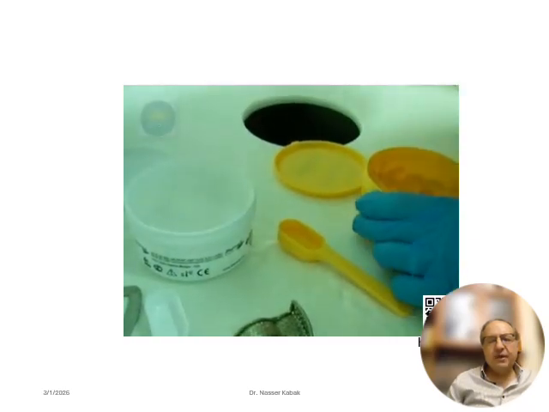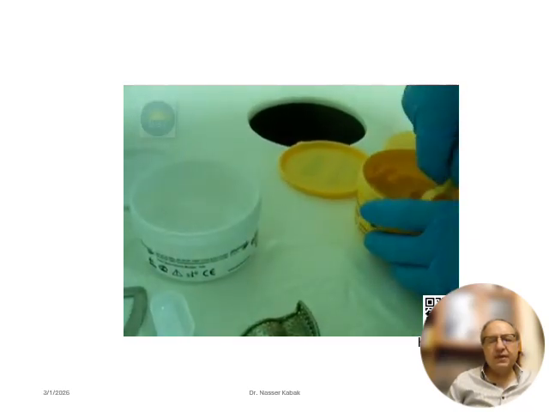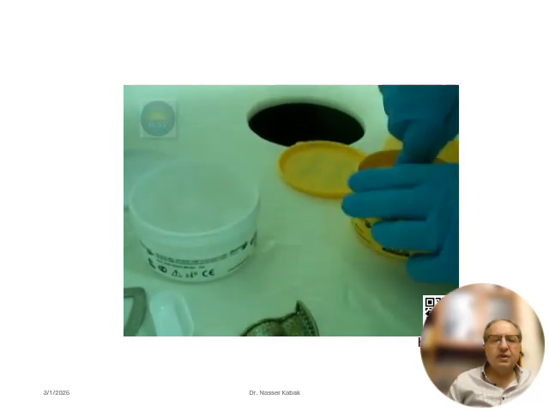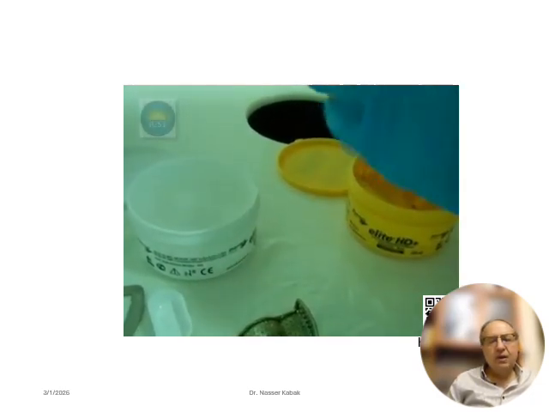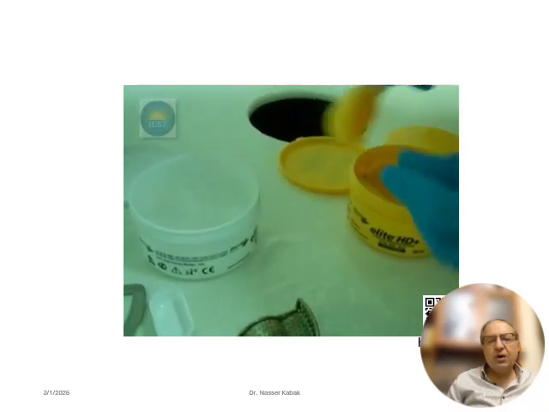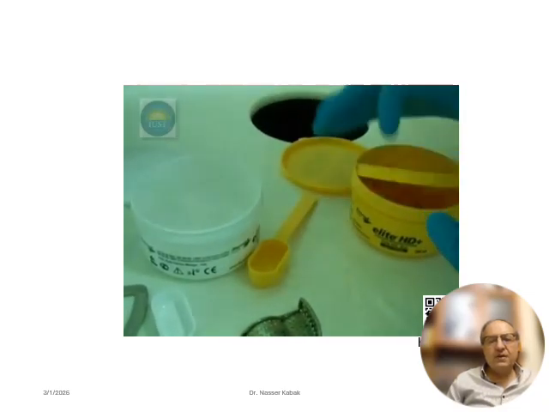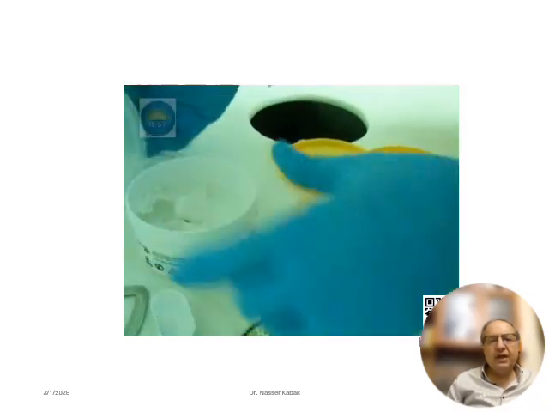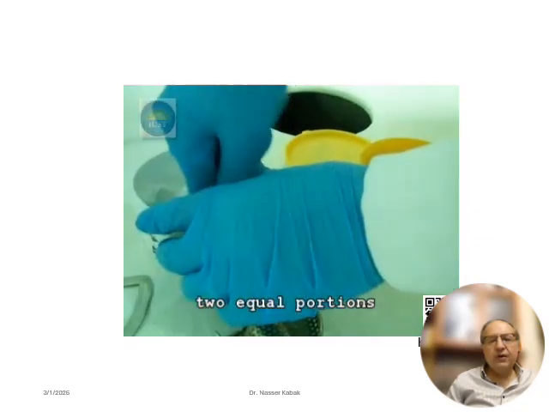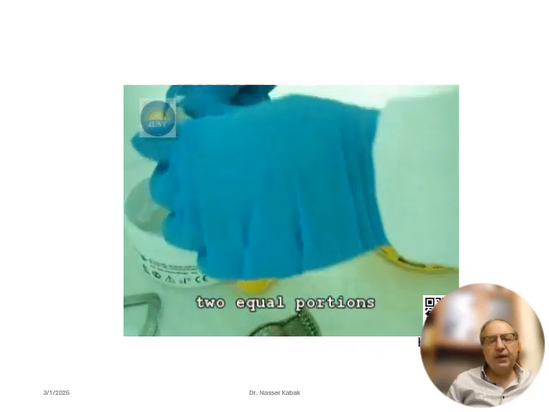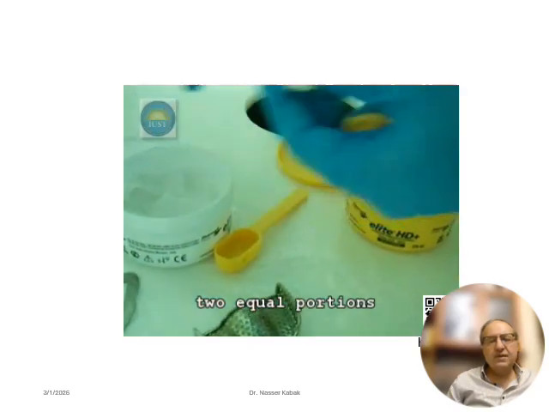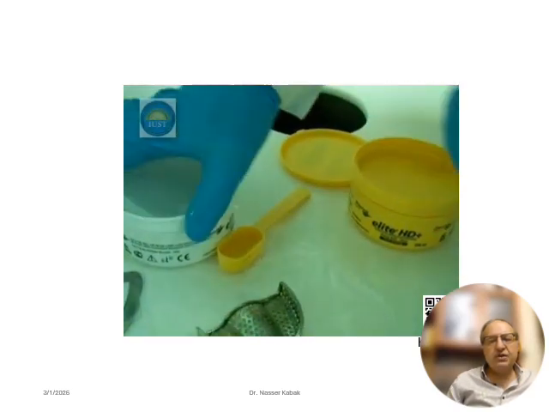Despite that it's perforated, it's better also to use the adhesive if it's available, of course. Here we are using addition silicone, vinyl polysiloxane. We can tell that it's addition silicone because the putty consists of two jars, and we are taking equal amounts of each jar and mixing together in order to obtain the putty consistency or the first stage impression.